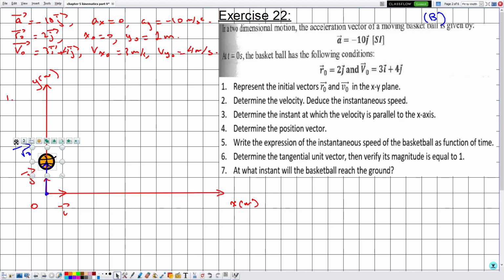So the basketball is located at this location at the instant 0.